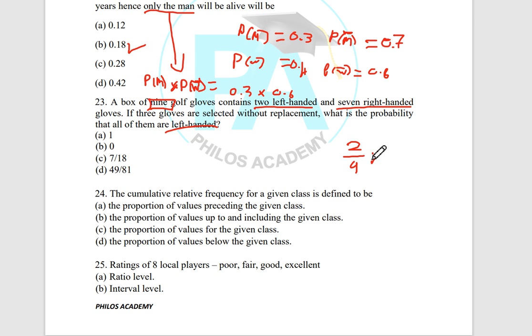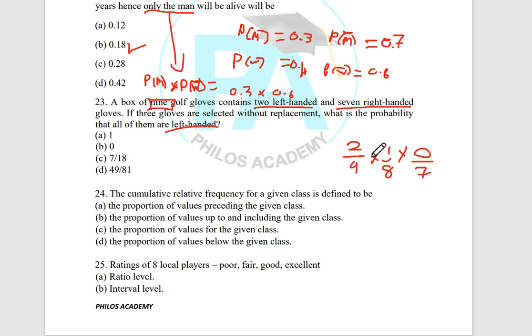So the probability of selecting the second left hand is 1 over 8, and you are left with 8 gloves, isn't it? Times, what's the probability of selecting the third left hand? You only have 2 left-handed gloves there, and you've selected your first, selected second. On the third count, you have no choice anymore, so your choice is 0. 0 divided by 7.